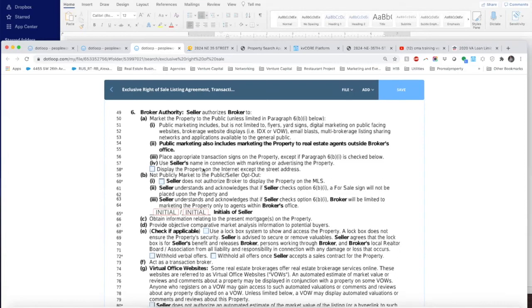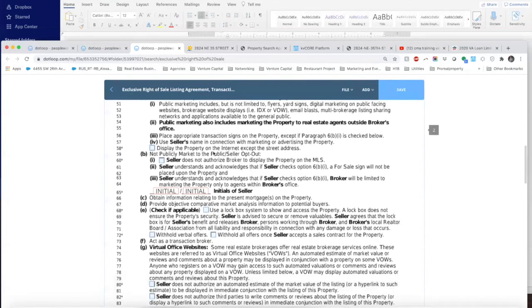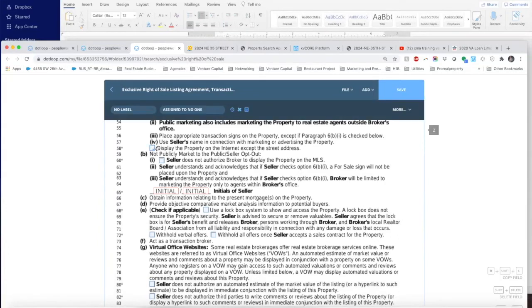Use seller's name in connection with marketing or advertising the property. Display the property on the internet except a street address. This checkbox is only checked if it will be displayed on outlets like Zillow, Trulia, but will not be published with an address. Again, I'm not suggesting this option.